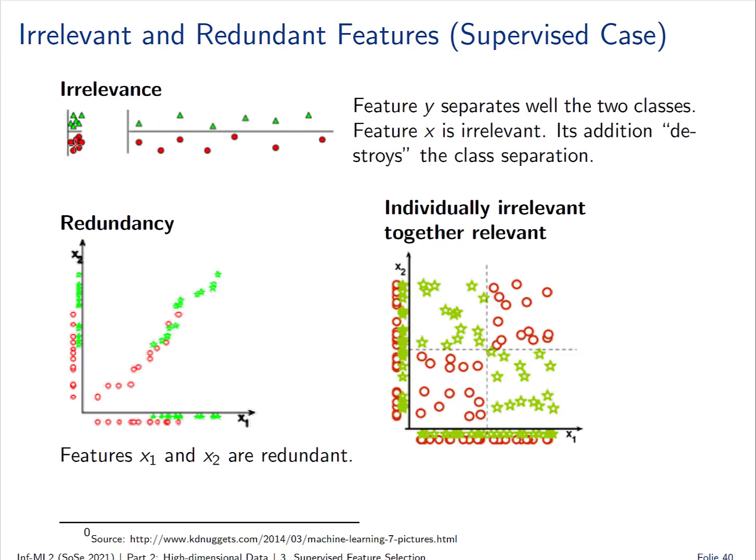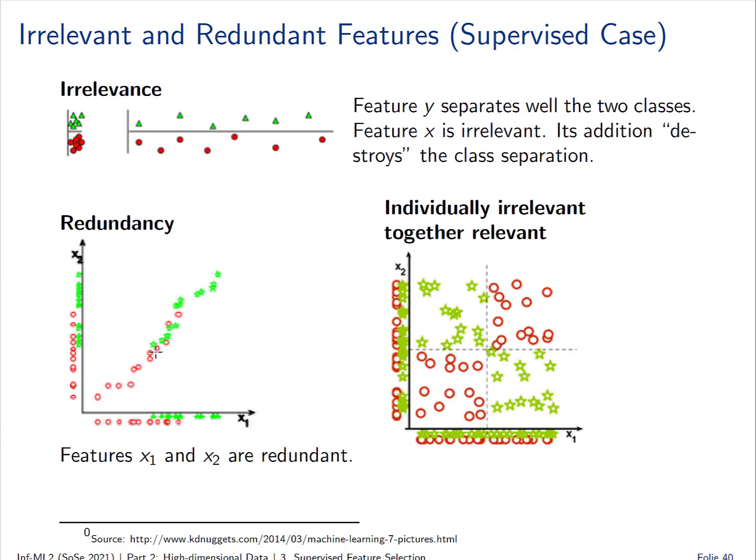But we can do that if we project them on this feature here. So in that case, x would be irrelevant and y would be absolutely relevant. And redundancy could be somewhere here. Both features are actually redundant. They more or less have the same information. So combining them does not yield a better or easier problem.